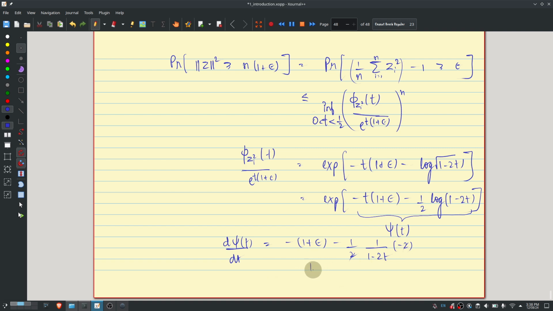So 1 minus epsilon is equal to 1 by 1 minus 2t, or, sorry, 1 plus epsilon. So what is t equal to?